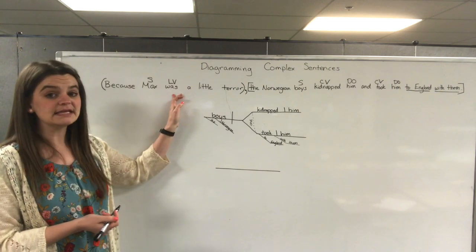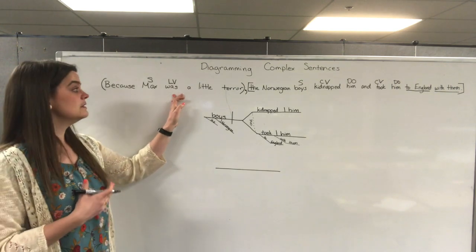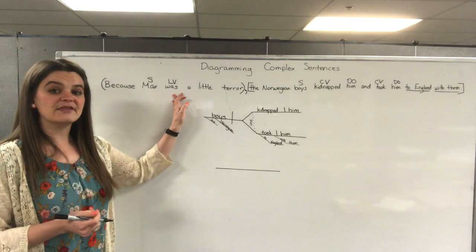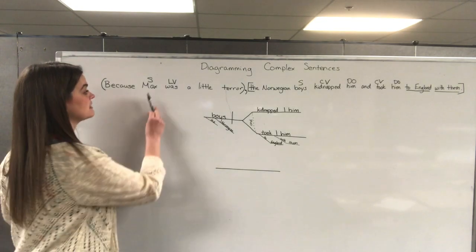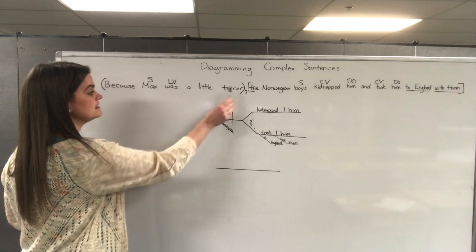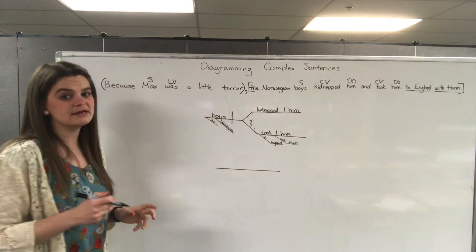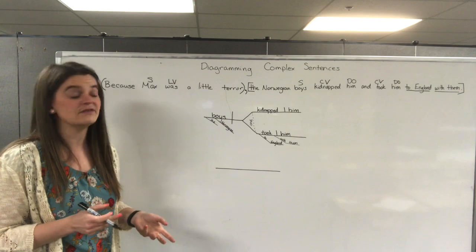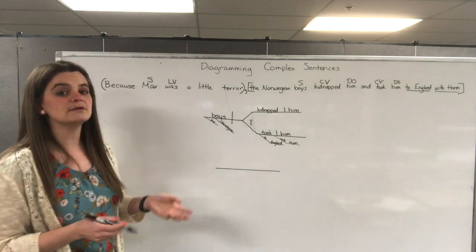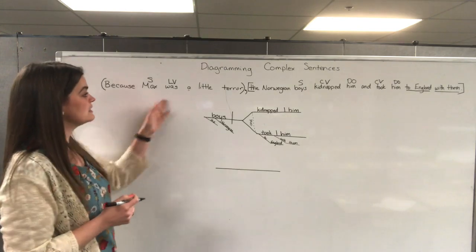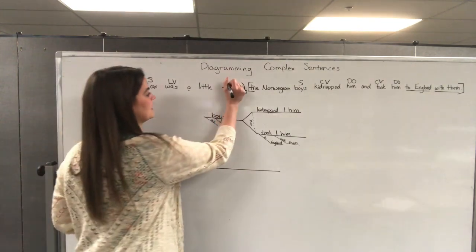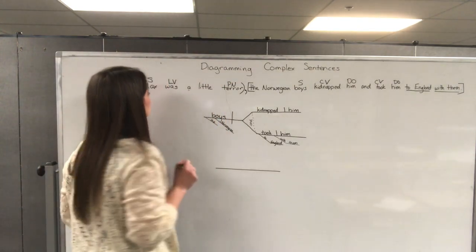So when we have a linking verb, we need to check what follows it, and we're looking either for a predicate adjective or a predicate noun. Max was what? Terror. Terror can be used as an adjective, but here it's being used as a noun, and we know that because we have an A in front of it. So Max was what? Terror is a predicate noun.